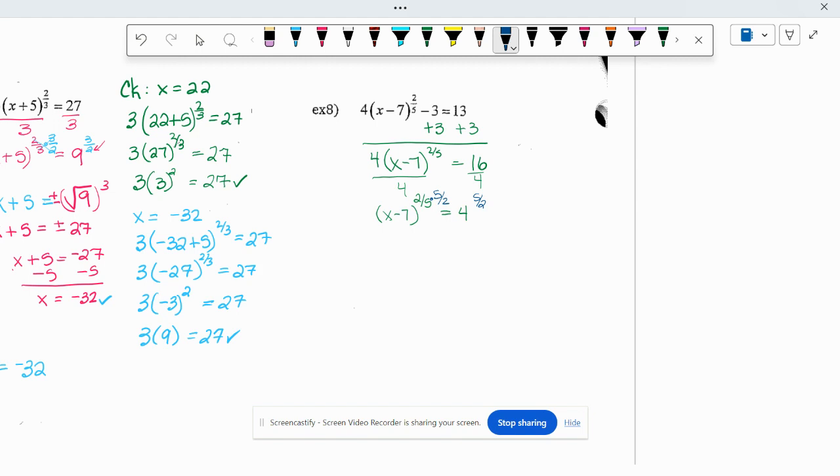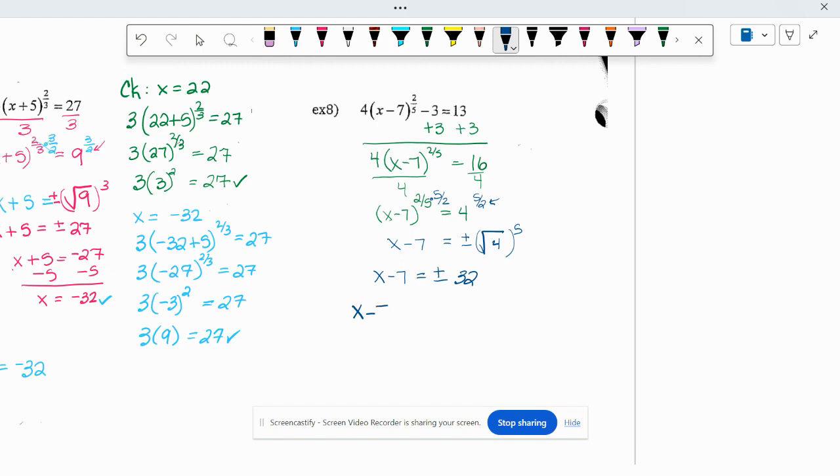5/2. Uh-oh. Look, we're taking a square root. So I know that my answer is going to be plus or minus the square root of 4. And then I'm going to take that to the 5th power. And on the left side, I just have x minus 7. So let's see. x minus 7 equals plus or minus. Well, the square root of 4 is 2, and 2 to the 5th power is 32.